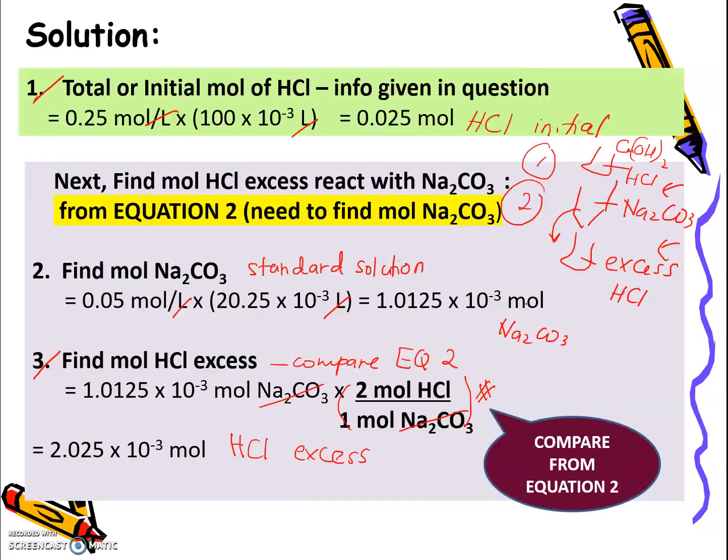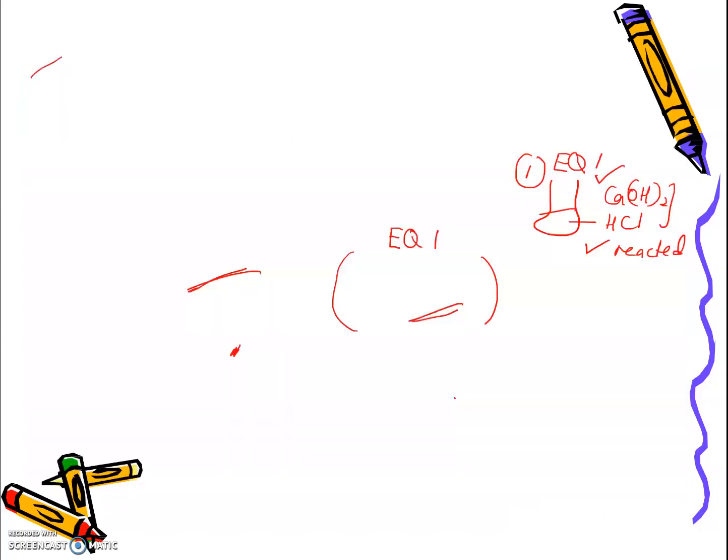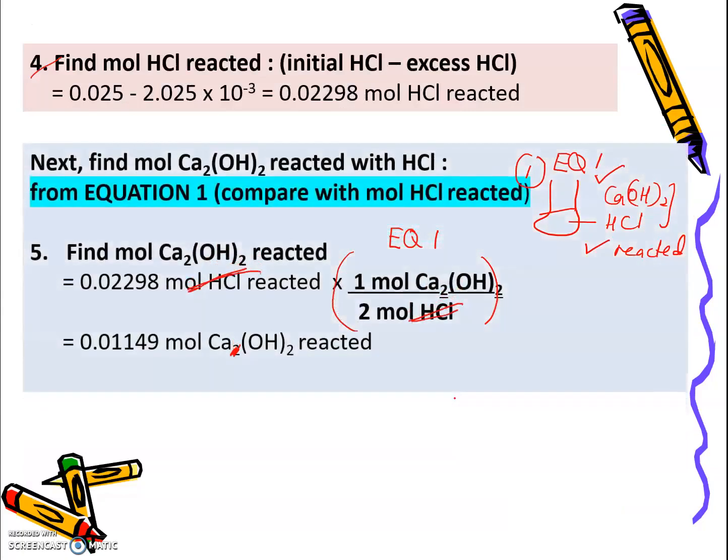First, previously, to find mole of HCl excess. Next, the second comparison to find mole of reacted calcium hydroxide. Alright, if you don't write the unit of substance here, you will get confused.